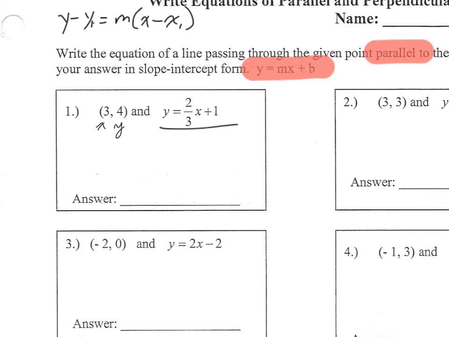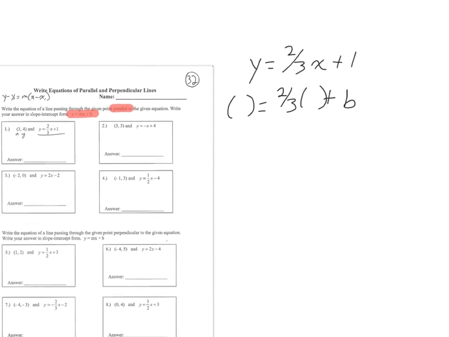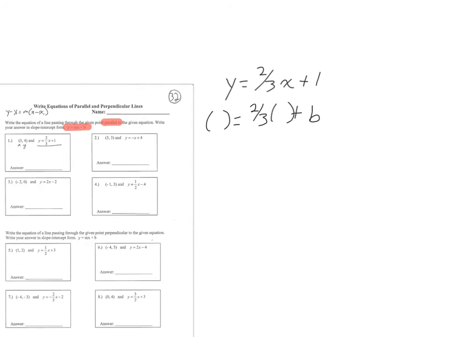That's the point that we're passing through. So we're going to plug those in for our x and y's. I'm going to plug in x equals 3 and y equals 4. In case you're confused where that x and y came from, it's right here in that point that it gives us.